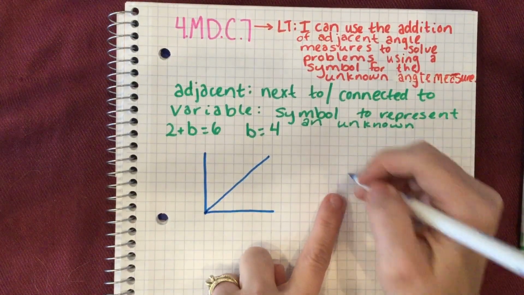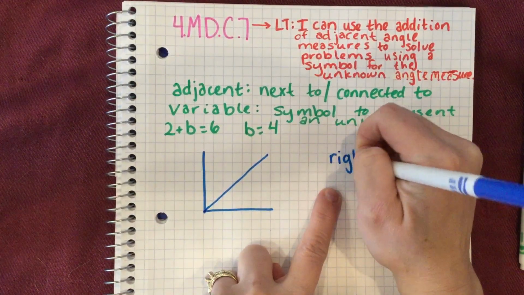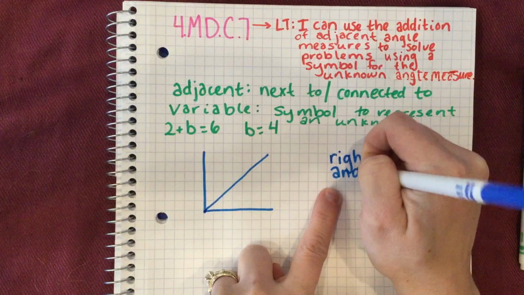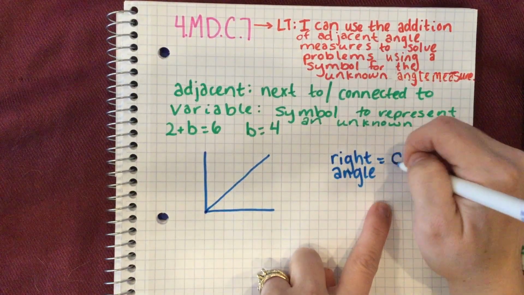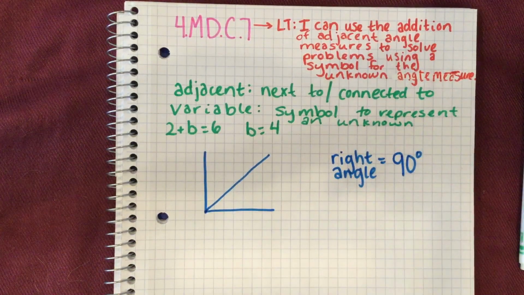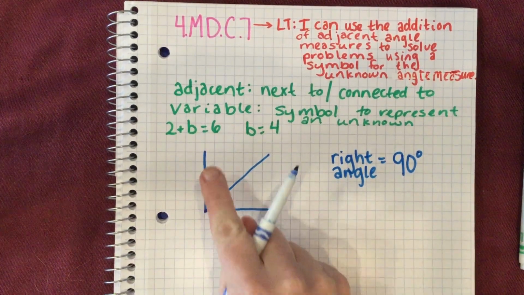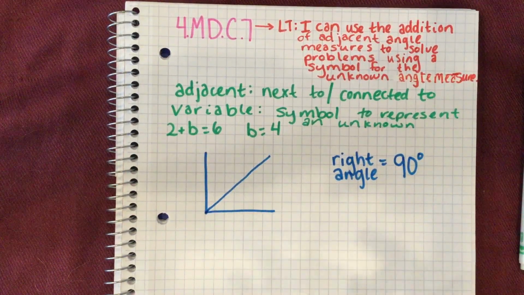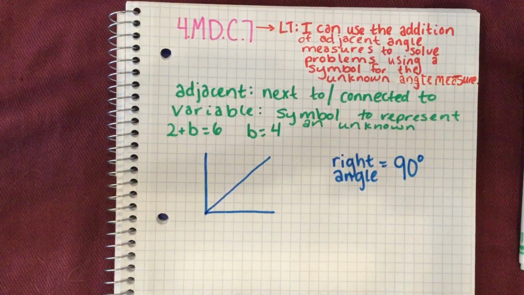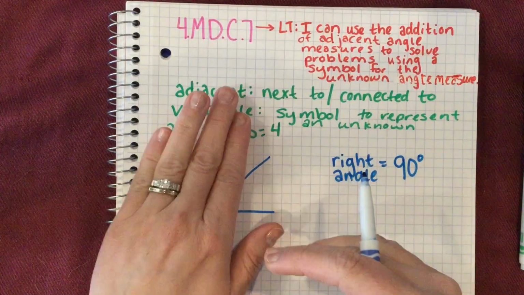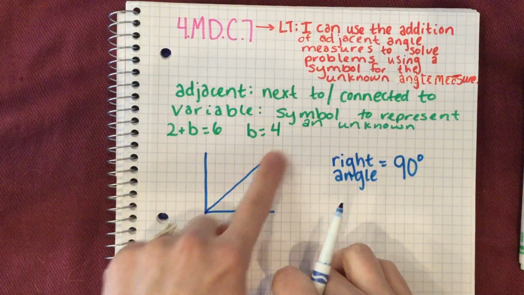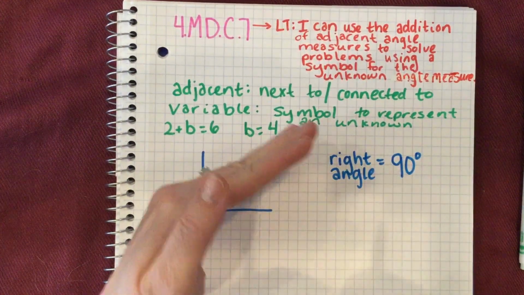Now, of course, a right angle, we know from our work this week and last week that a right angle is 90 degrees. So if I took a right angle and I split it in half, now, of course, I don't have a protractor, so I'm just winging it. I'm just going by what I see. I'm going to pretend that this is a perfectly split in half angle.